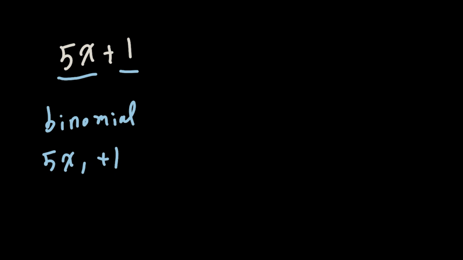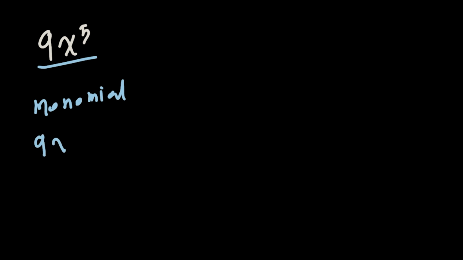You can notice here that we have x to the power 1 and we don't have another x, so we'll just take it as the degree. So this polynomial, or binomial, is of degree 1. Let's see the next case.